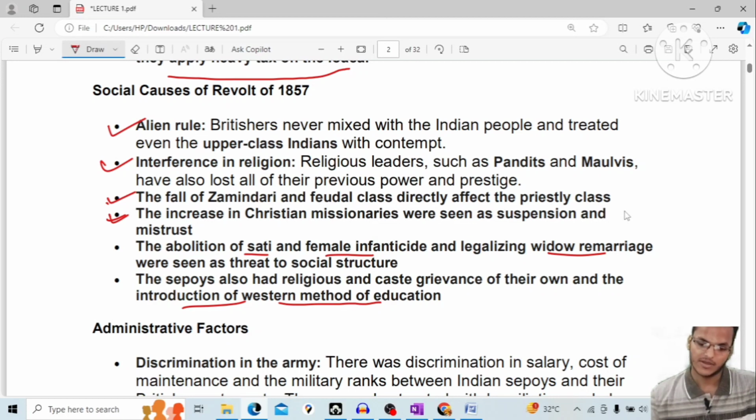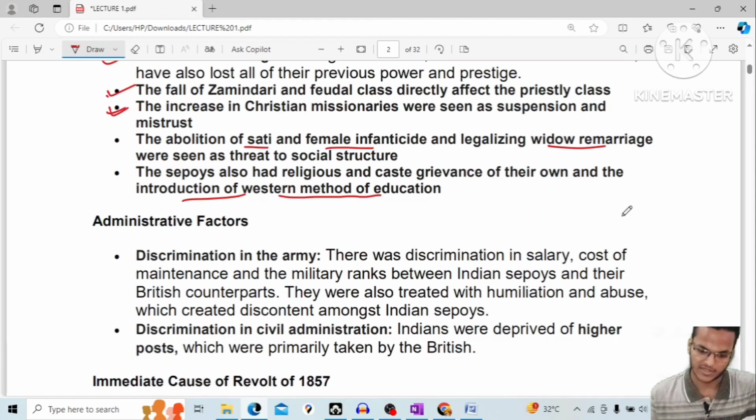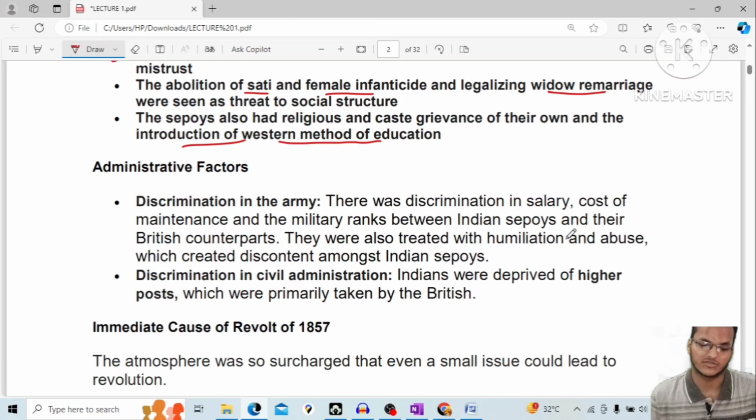Christian missionaries, then zamindari loss of zamindars, Pandit and Maulavis lost their power and prestige, and alien rule. The British never trust the Indians, and they thought Indian as the untouched. The touch and untouched factors were there.